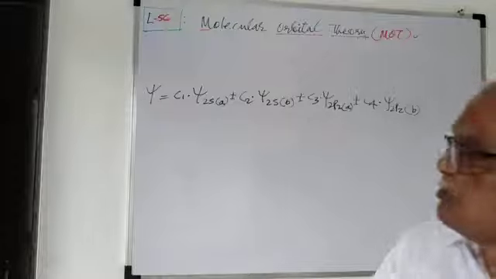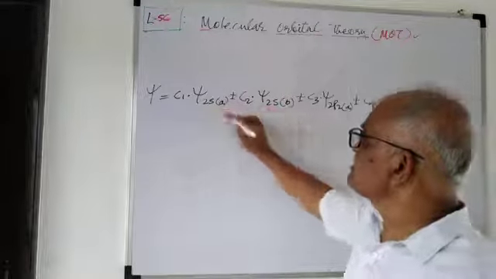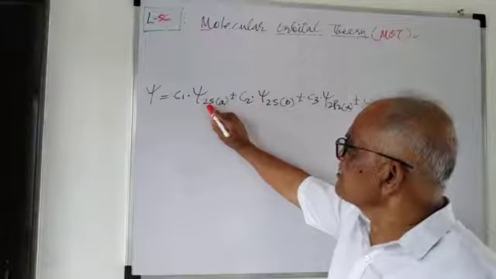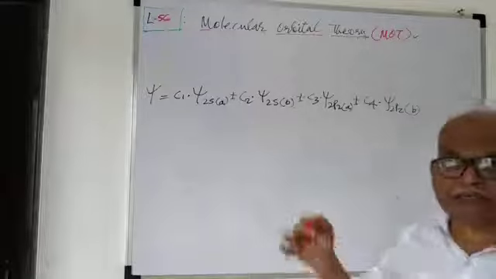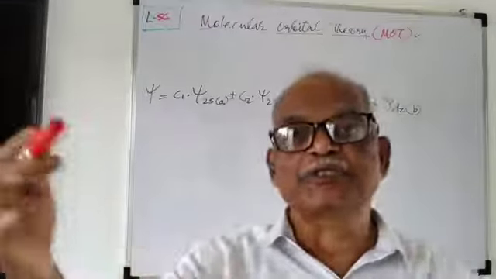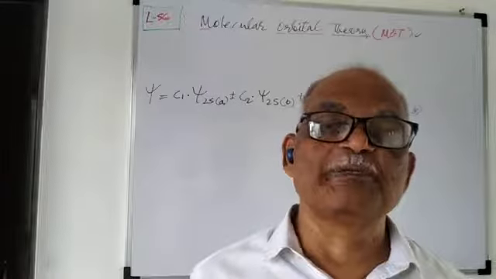But here you will find that the atomic orbital of 2s nature and this 2p nature come together and produce the molecular orbitals. So what will be the result?